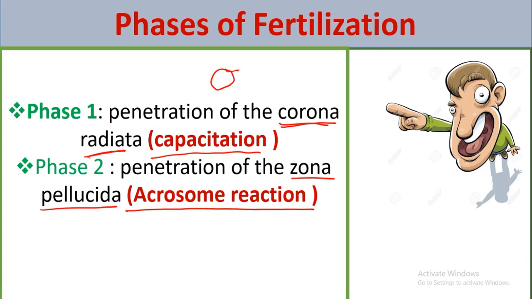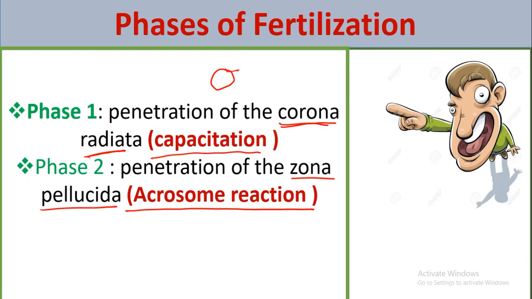So take this right. The first thing is penetration of the corona radiata. For the sperm to penetrate the corona radiata, capacitation has to take place. And then after the corona radiata has been penetrated, the next thing is penetration of the zona pellucida.